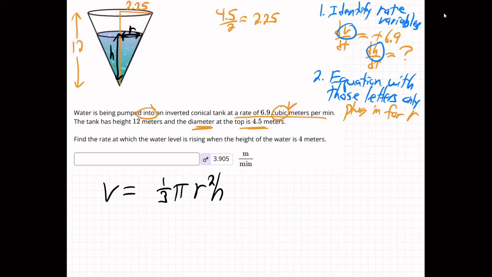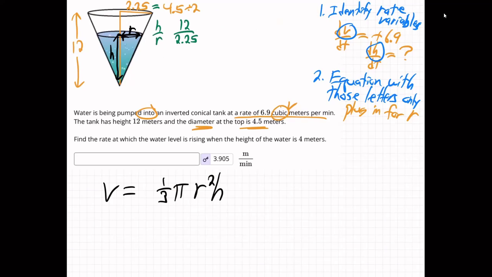So I'm going to go 12 is to 2.25 as H is to R. Let me remove that and rewrite that. So one more time. Yes, I'll go 12 is to 2.25. So I'm doing a height.